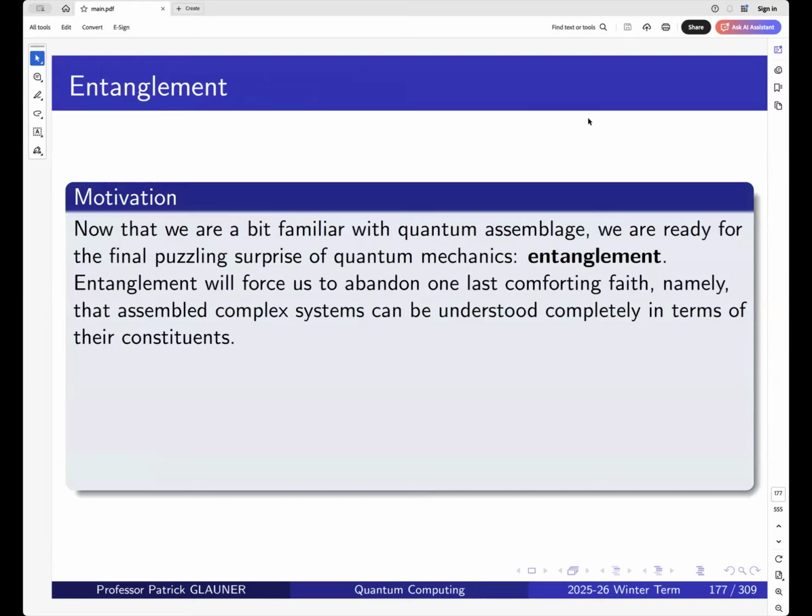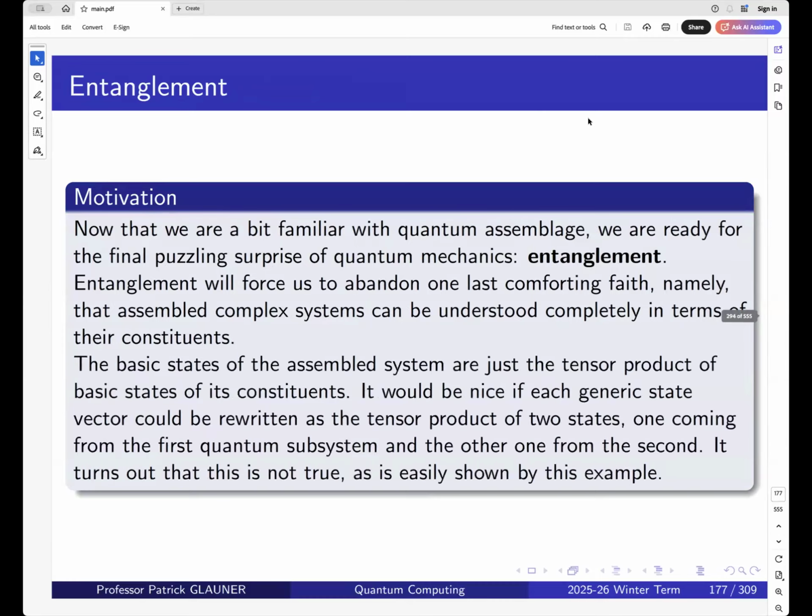Now we get to the last topic for today, entanglement. And now we've seen we can build more complex systems and describe more complex states as this aggregate of multiple systems. And entanglement will show us something very strange, as we will see very soon. Imagine, so we've seen the basic states of the assembled systems are just the tensor product of the basic states of the single systems.